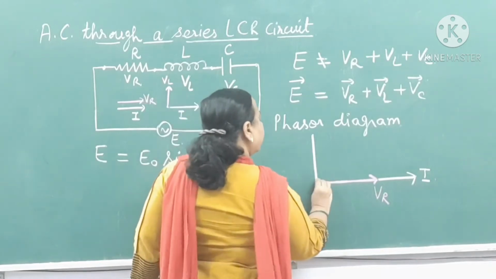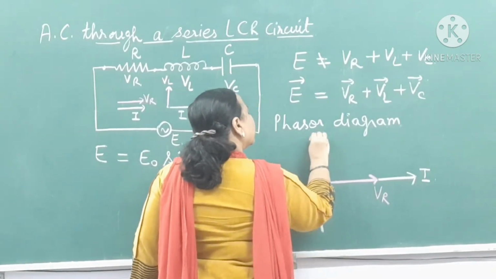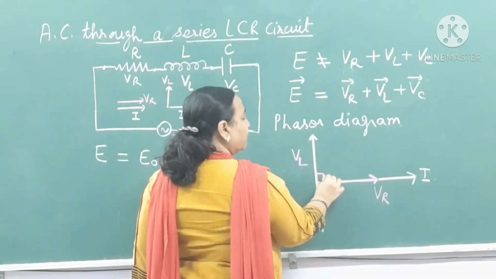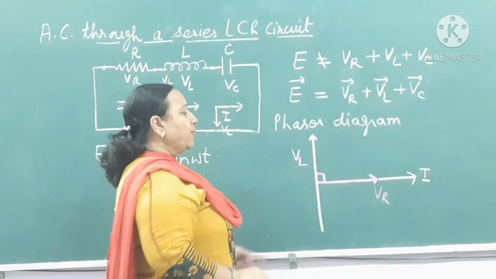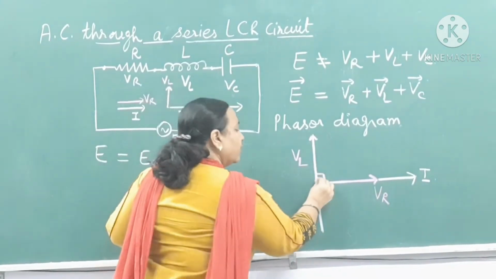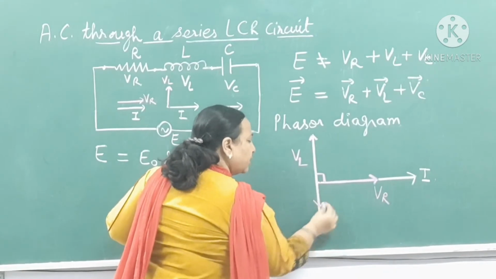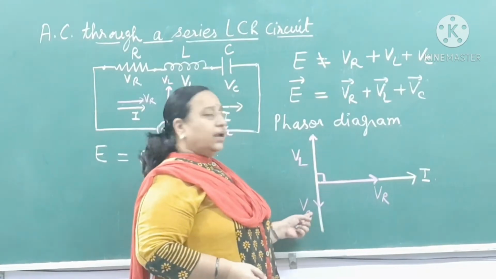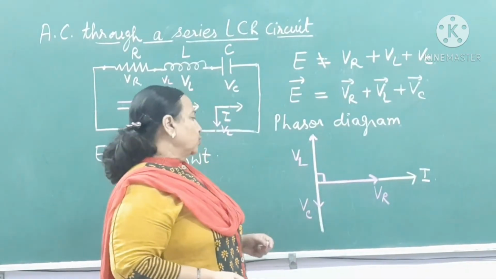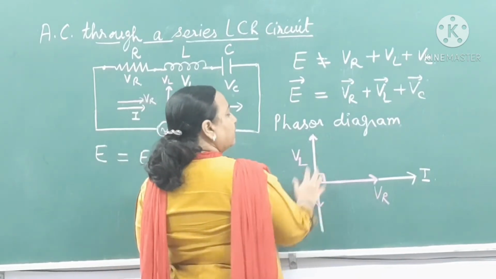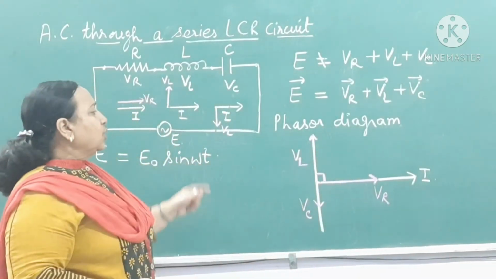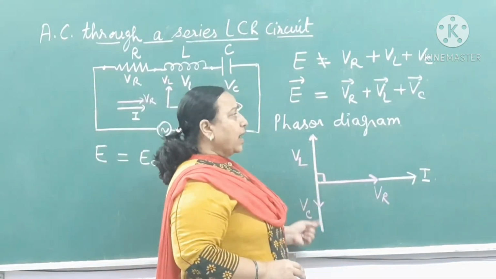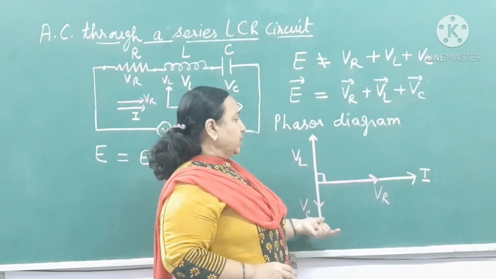Vector VL is directed ahead of the current by a phase of pi by 2. And similarly, vector VC is directed behind the current by a phase of pi by 2. So these are the three vectors and we have to add them vectorially to find the resultant value.